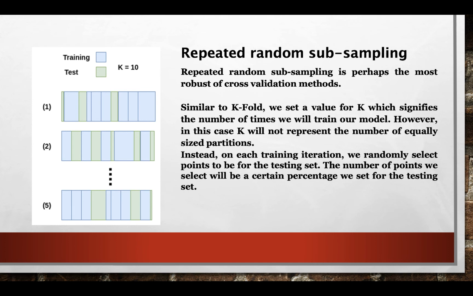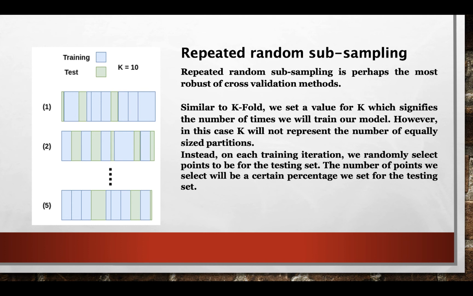The next method is repeated random subsampling. Repeated random subsampling is perhaps the most robust of the cross-validation methods. Similar to k-fold, we set a value for k which signifies the number of times we will train our model. However, in this case, k will not represent the number of equally sized partitions.